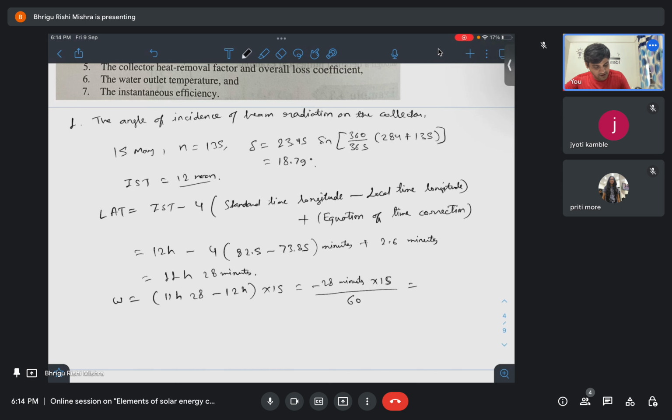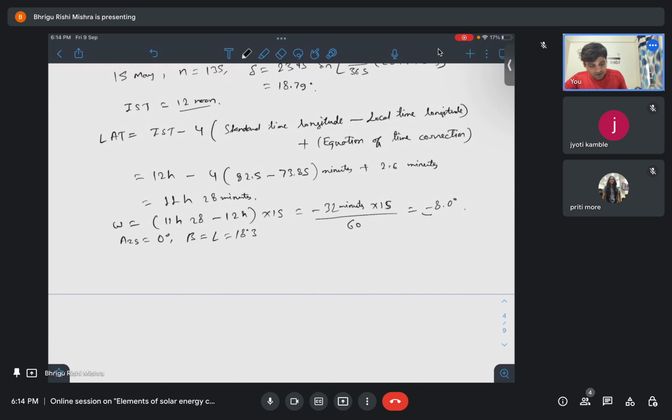Sorry, it's not 28, it's 32 minutes, so it comes around minus 8 degree. Minus, since it is in the morning; if you remember the sign convention, for morning omega is considered negative, and for afternoon omega is considered positive, afternoon meaning after 12. So now we have all the values: the surface azimuthal angle is 0 degree, and beta is the same as the latitude, it is 80 degree 32 minute.